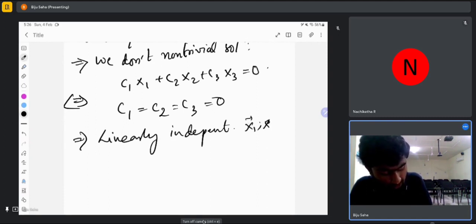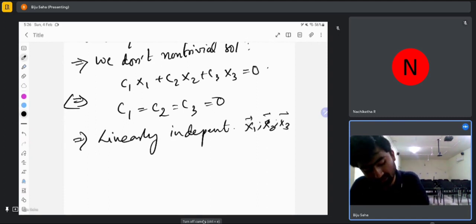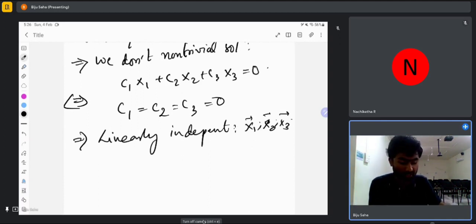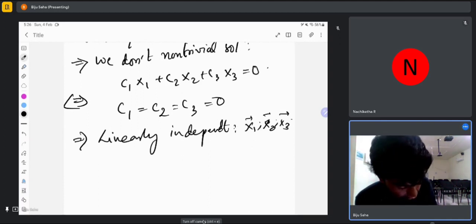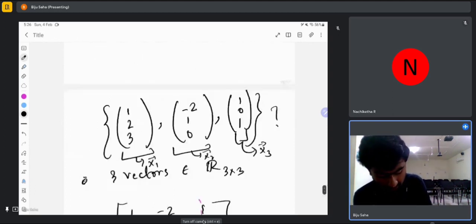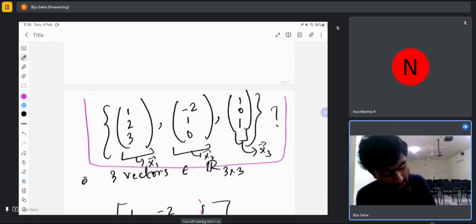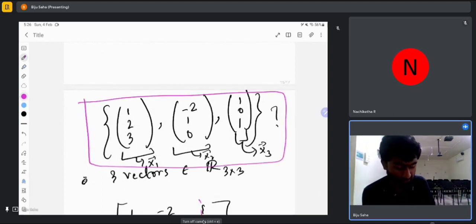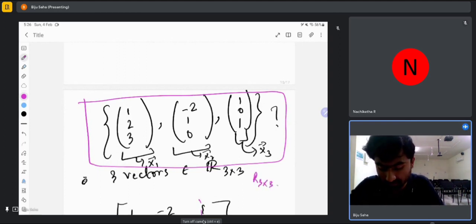So we have proved that the given set of vectors forms a linearly independent set, or it forms a basis in our 3 cross 3 real dimension.